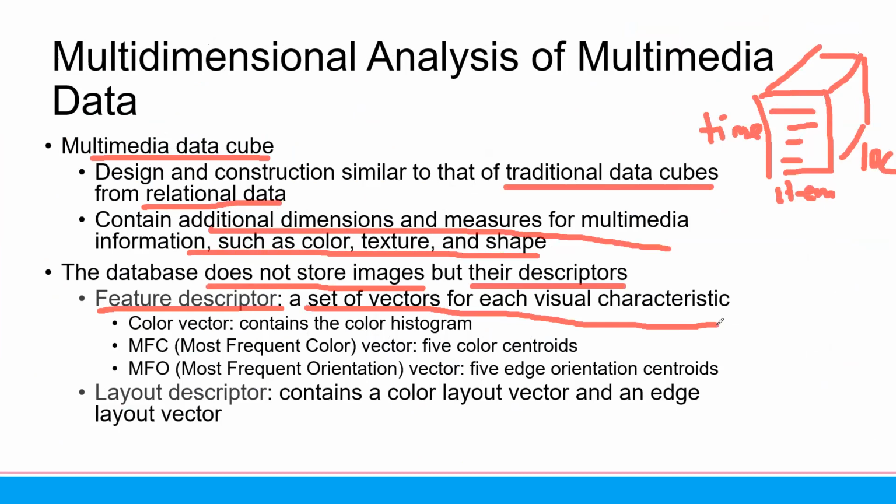You already know we can use the pixel, we can use the mean pixel value, or we can use the edge features. The most common feature descriptor is the color histogram. We can also do it with the MFC, most frequent color vector, for example, 5 color centroids. Or we can also use the MFO, most frequent orientation, 5 edge orientation centroids.